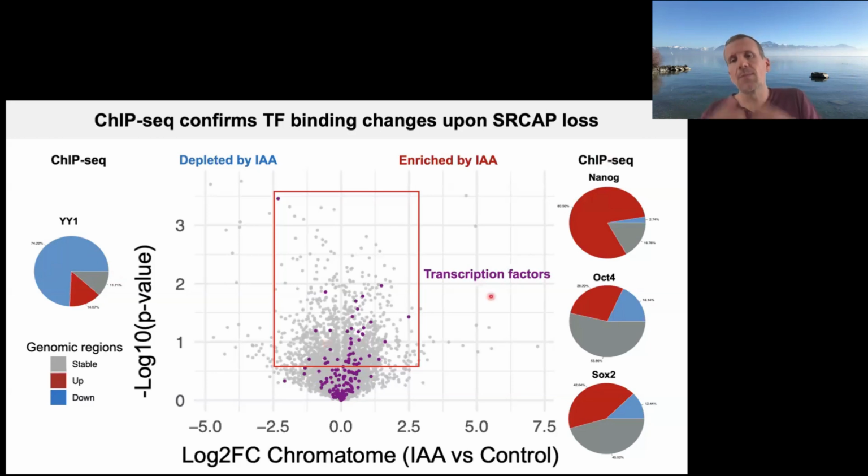And conversely, for transcription factors that were enriched in the footprinting or enriched in the chromatome, we saw that you had more regions with increased binding of these transcription factors. So now with this data at hand, we're pretty convinced that upon SRCAP loss, we have major changes in transcription factor binding.